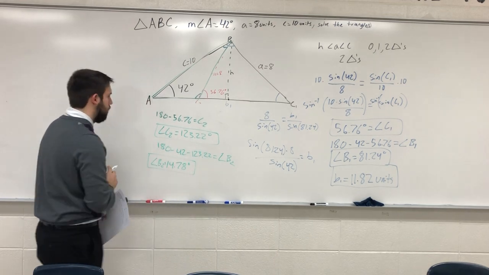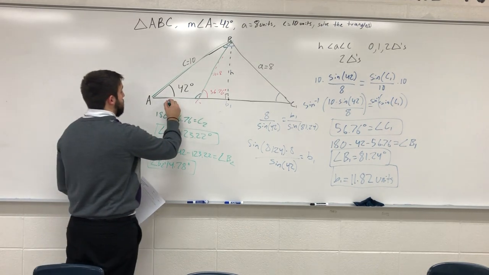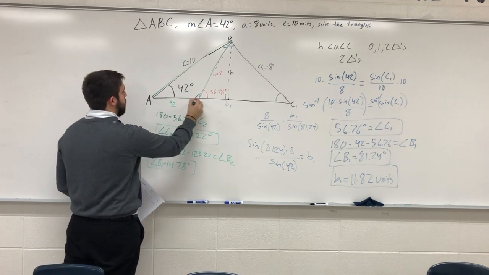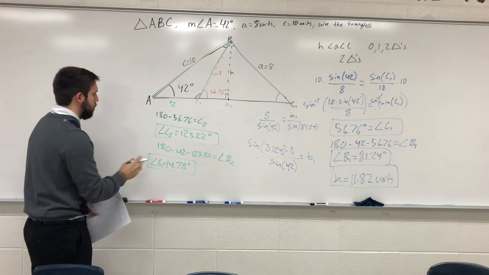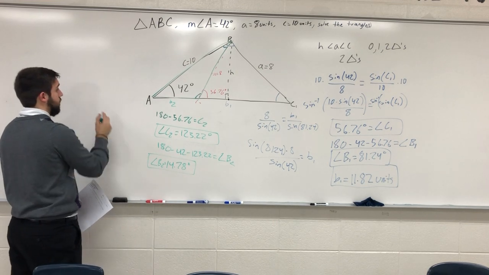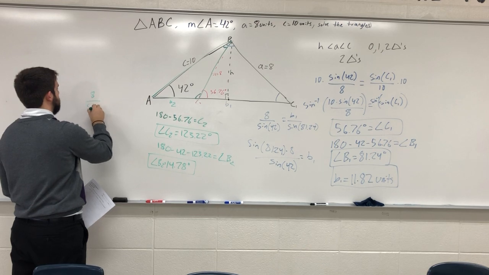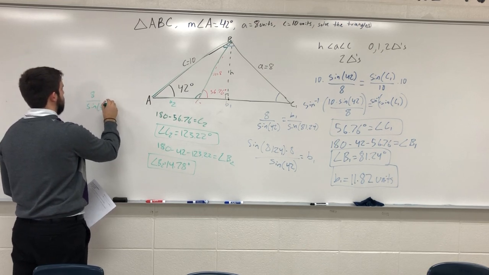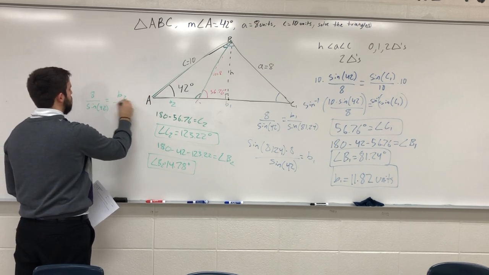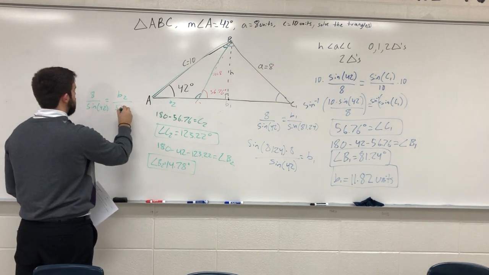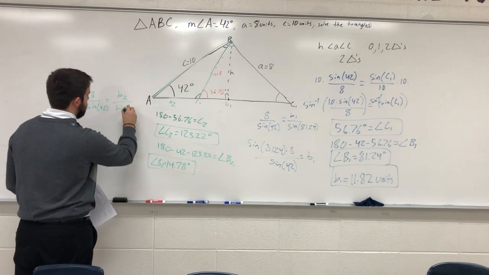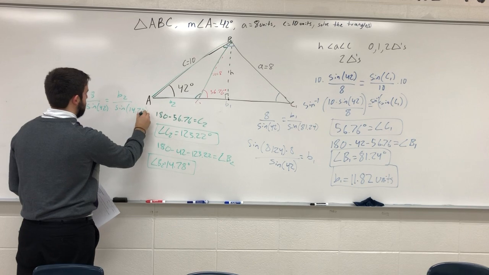14.78 degrees. So angle B2 equals 14.78. And then finally, my last thing would be to find side B2, this short side of my triangle. So to do that, I'm going to set my law of sines now, and I'm going to take 8 over sine of 42 equals B2 over sine of that new B2 angle, which is 14.78.